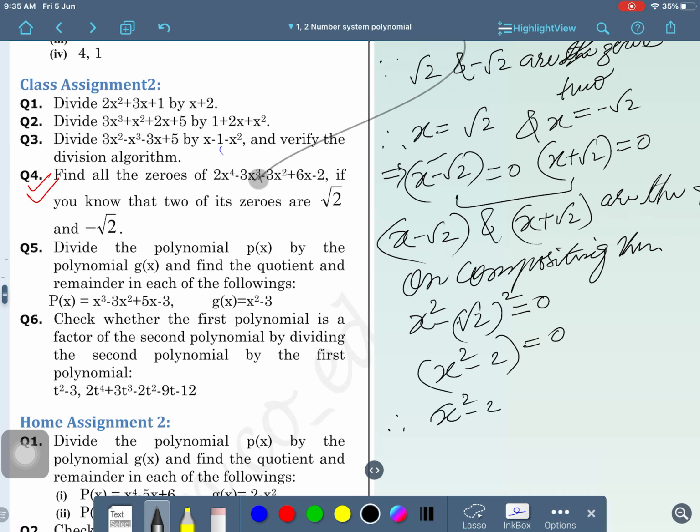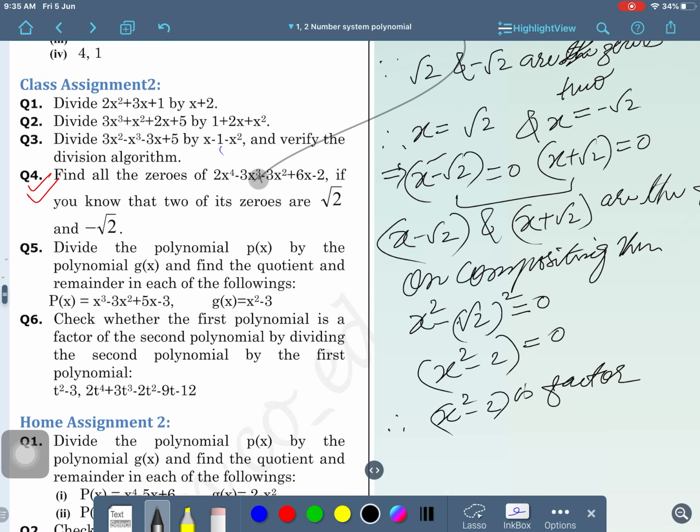X square minus 2 is also a factor here. So, it is a simple process here. We do not have to find the factor, we have to find zeros here. This activity revealed to you that from the zeros we can find factors, and from the factors we can find zeros. So, we found here one factor.